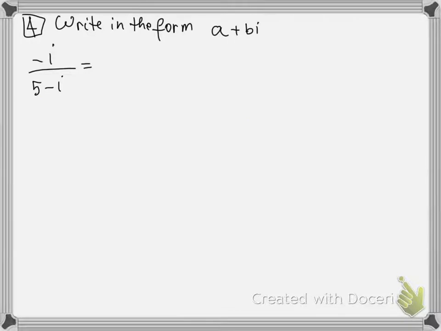Okay, so here we are dividing two complex numbers. So we want to rewrite the quotient as a standard form of a plus bi. So what we're going to do is multiply the numerator and the denominator by the conjugate.